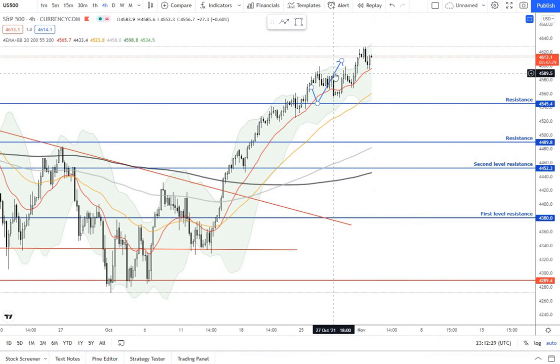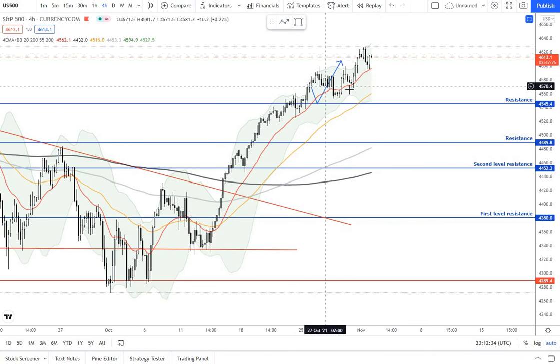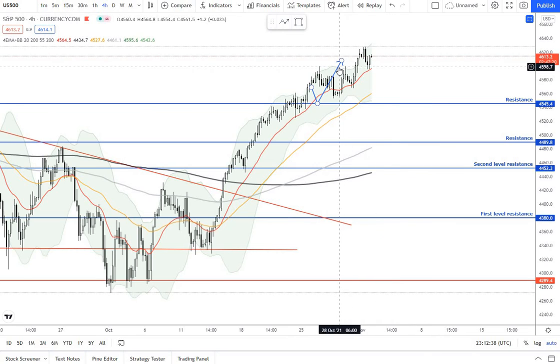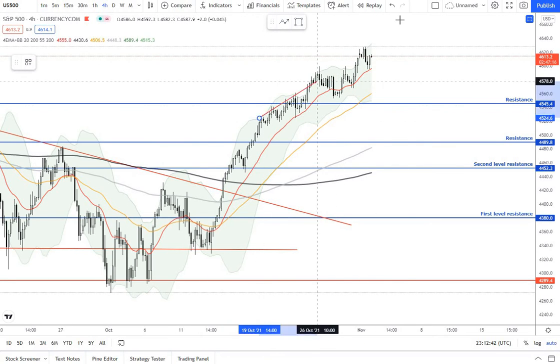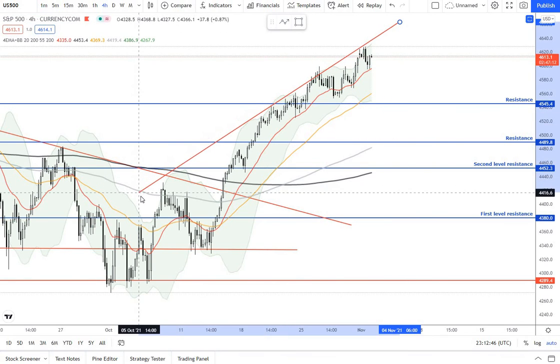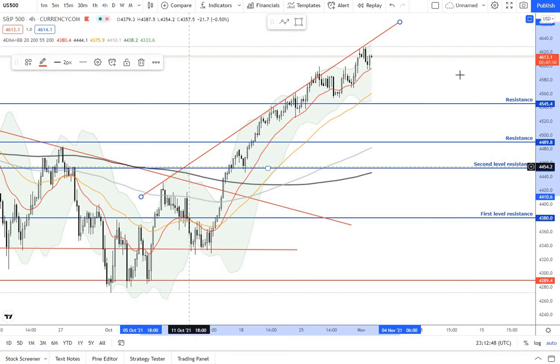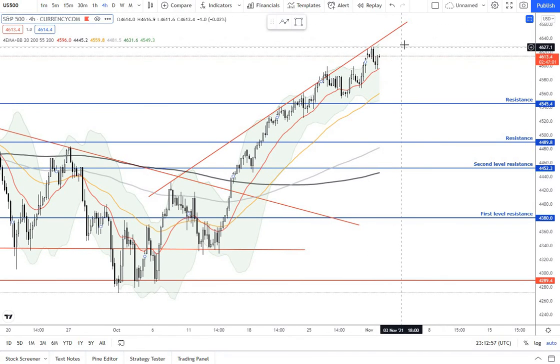So zooming down to the 4-hour chart, based on last week I would expect a pullback. So it actually pulled back to here before it went up. So yeah, if I draw a line of resistance, this might potentially be a resistance in the short term. Okay, it's probably going to run up between these levels until maybe news events come in, right?